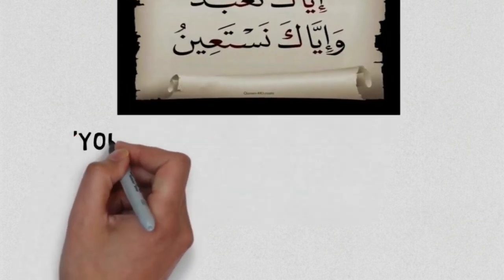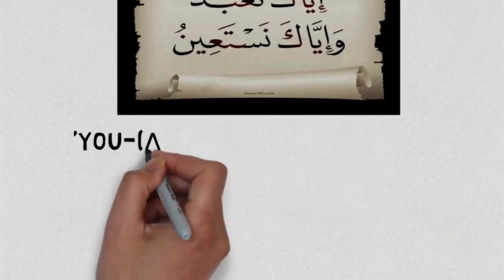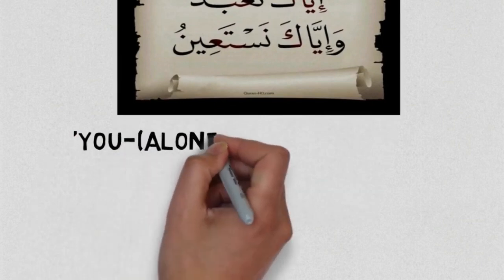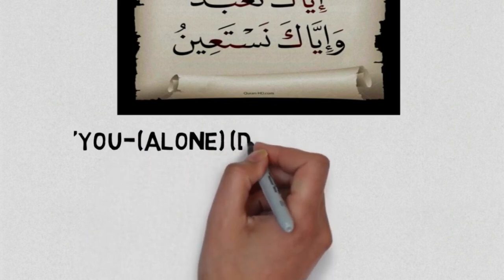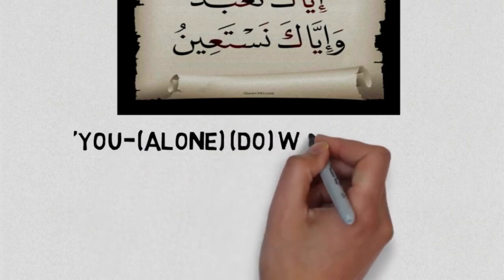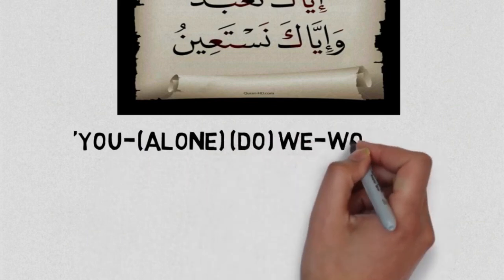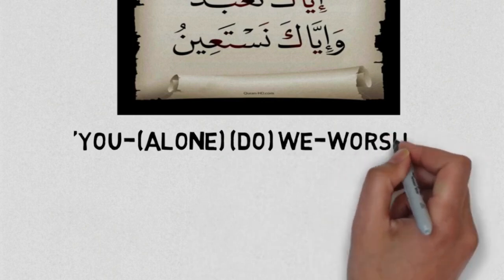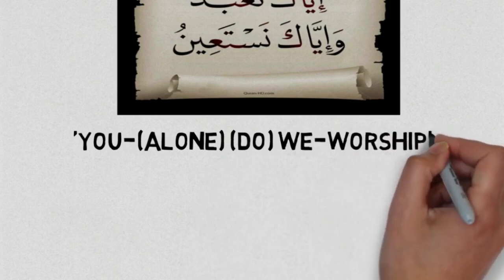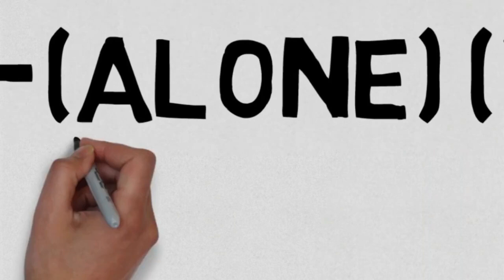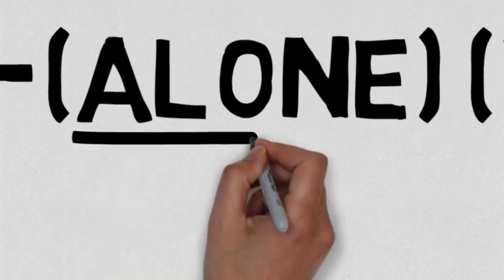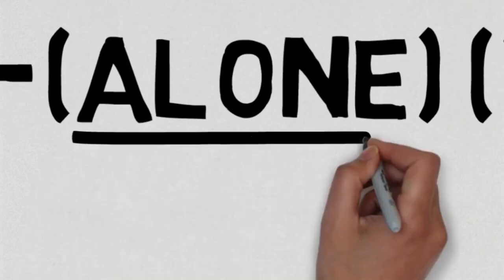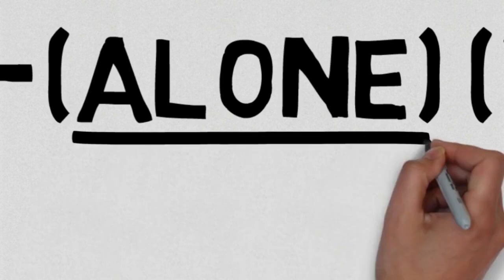According to the Arabic grammar, you can say نعبدك, worship you. But a pronoun referring to God has preceded the verb to exclude any other one from the act of worshipping. So we have: you alone do we worship. Here the word alone is added to give a similar rhetorical function.